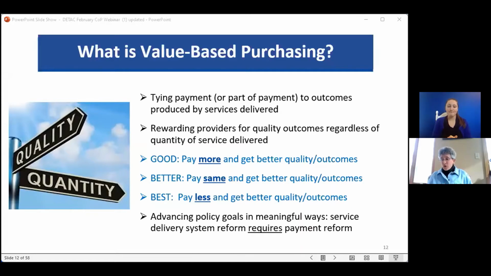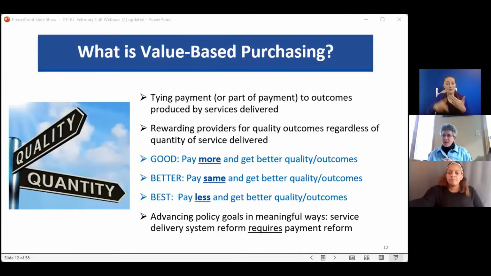The best model and the most ideal model is obviously that we pay less and we get better quality and outcomes. And sometimes we've seen that happen with technology. We've seen that happen in the acute and primary care side of managed care.